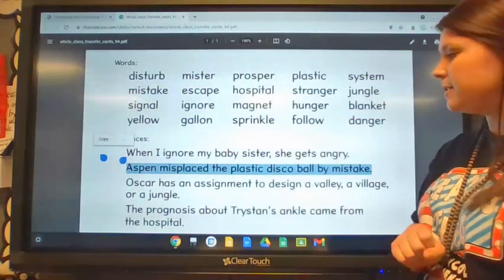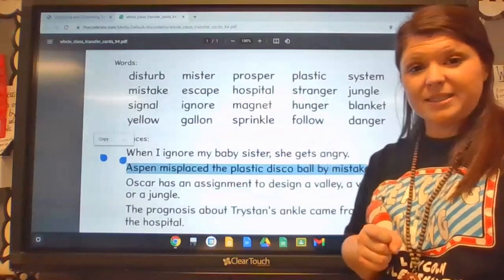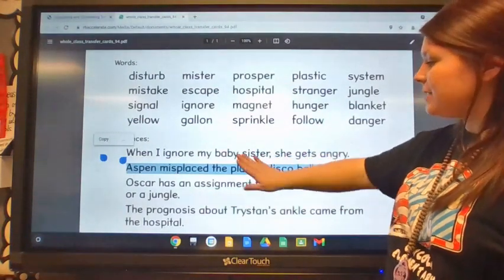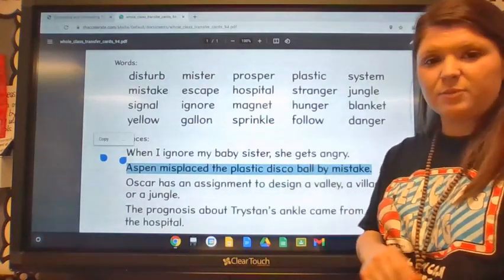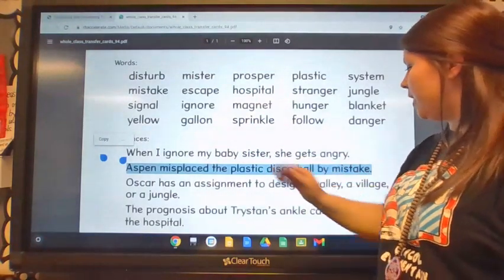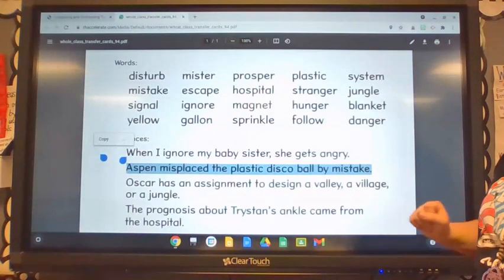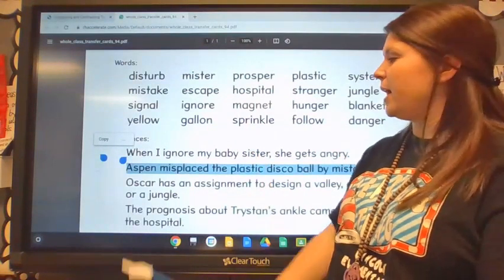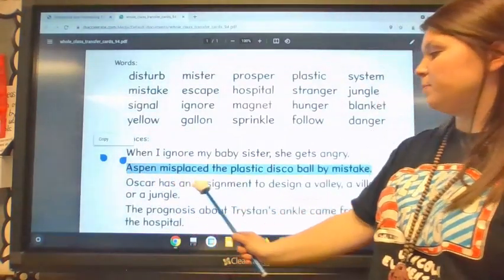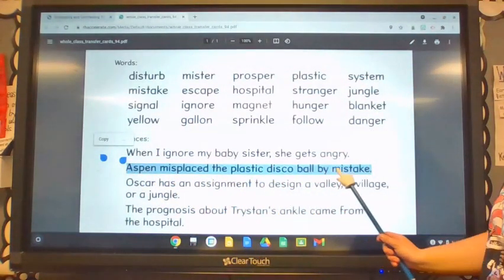Misplaced, misplaced. Here we have another blend, don't we? Plastic, plastic. We have another blend that will split. Disco. And then we have another blend that will split. Mistake. All right, let's go back through and read this sentence. Ready? Read. Aspen misplaced the plastic disco ball by mistake.